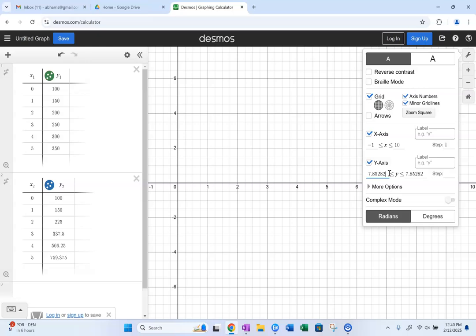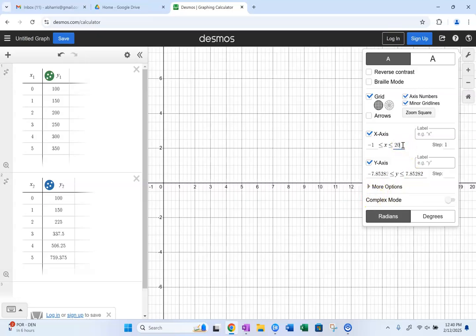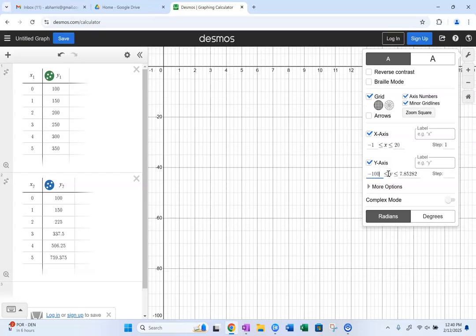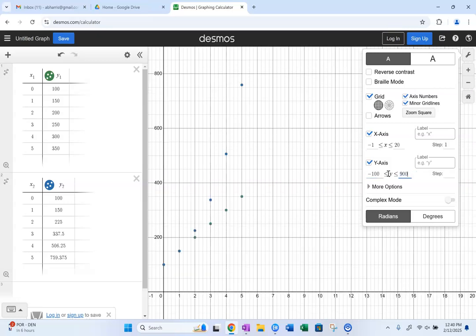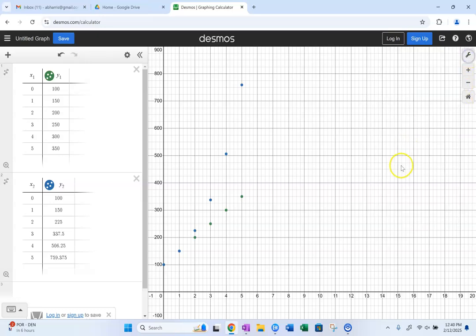So let me go -1 to 20. And then let me do my y-axis, negative 100. And notice I go up to like 759. So let me do like 900. It should be a decent one. And step it every 100. Label it every 100 on the y-axis.